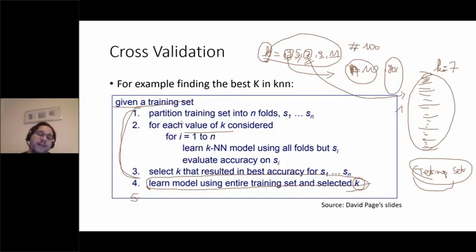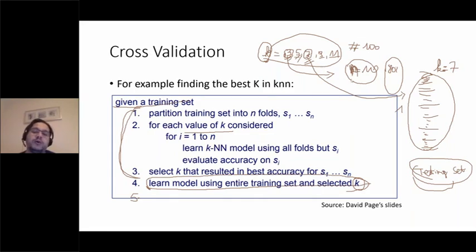But the drawback here for this method is, how many KNNs are we going to end up trying? The number of K: 1, 2, 3, 4, 5. It's 50.